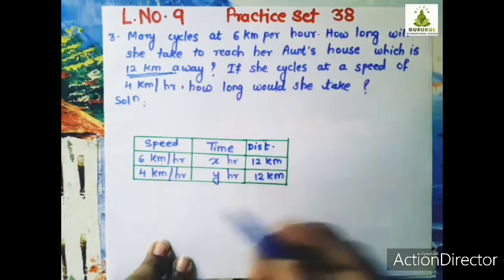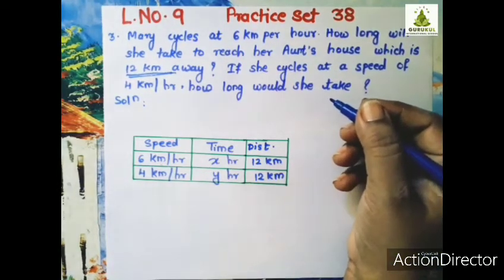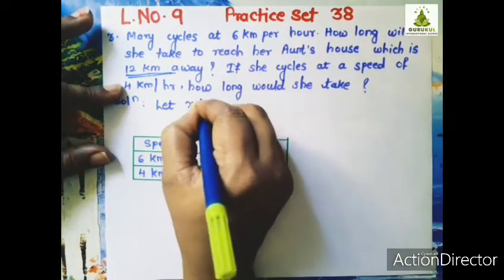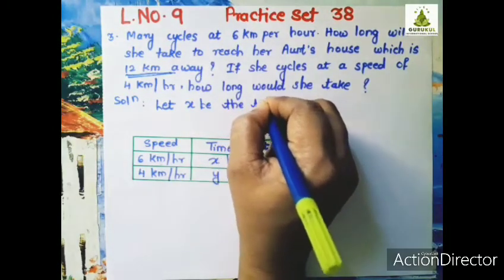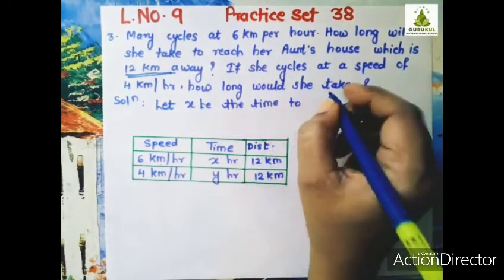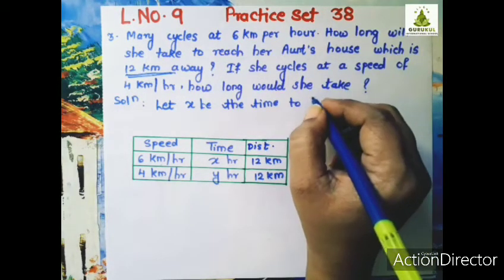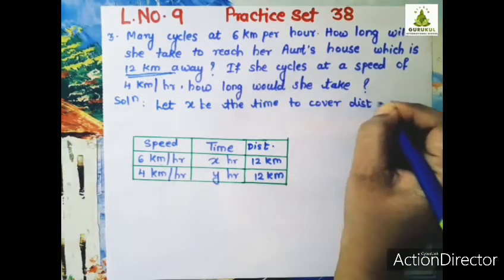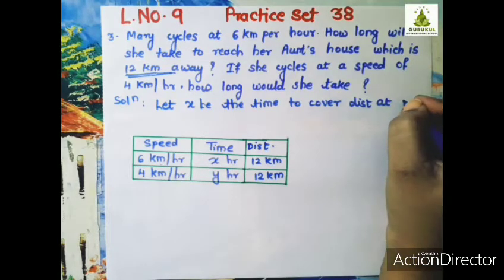Speed. Correct. So here we can write, let x be the time to cover the distance at speed 6 kilometers per hour.